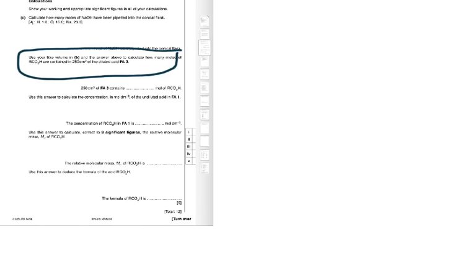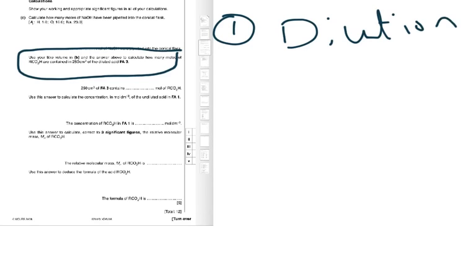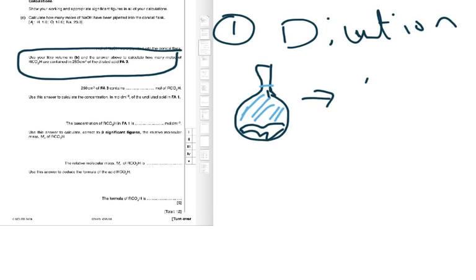Now let's look at the experiment, what we did. First, we did the dilution. This is very bad handwriting. This is somewhat our volumetric flask. We filled a volumetric flask with a certain amount of RCOOH, and then we filled it with water. So we've diluted this volume. Then we did a titration.